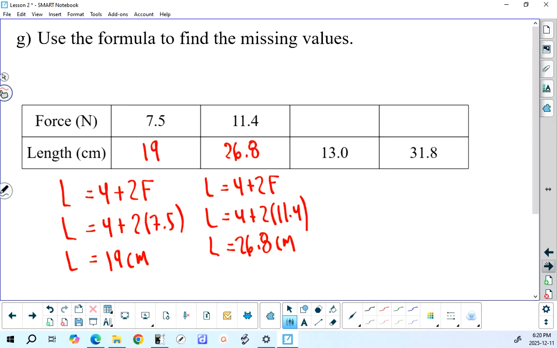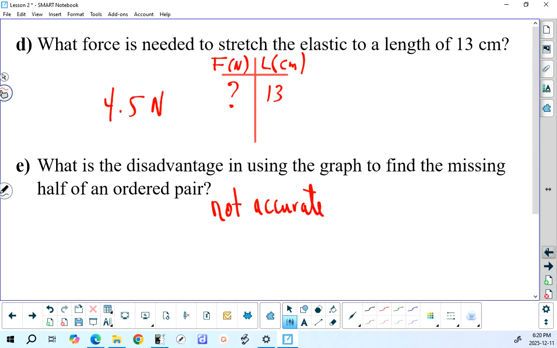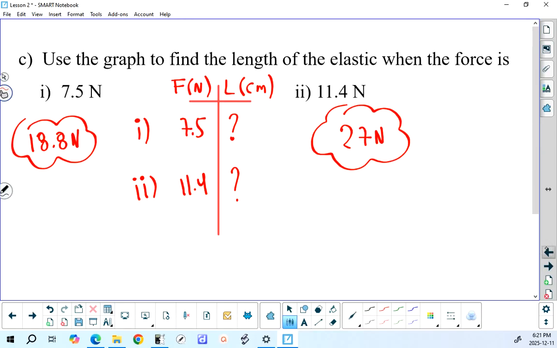By the way, those were the 2 questions back in D or C. Let's see what we got. From the graph, I got 18.8, and the correct answer is 19, and I got 27, and the answer was 26.8.